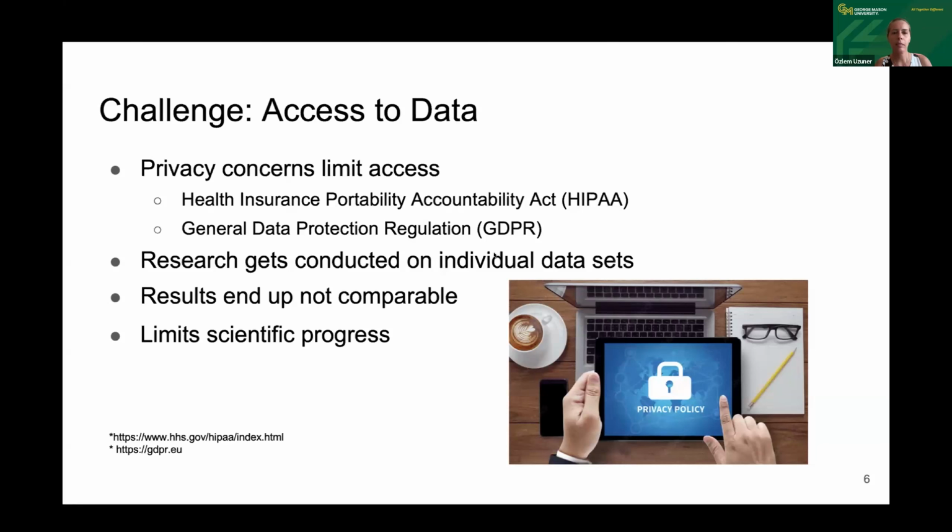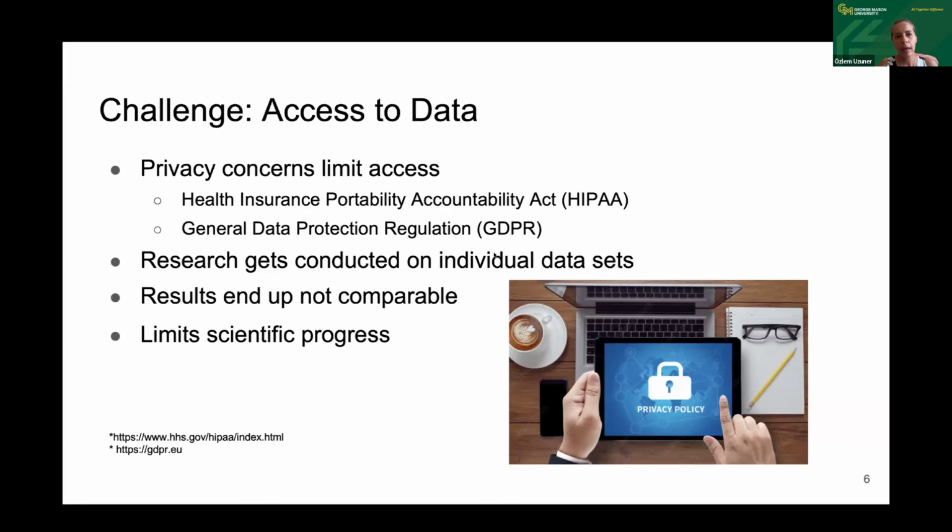But then the advancement of the NLP field and the methods that open up these notes fell behind. If person A does it on their own institution's data and person B does it on their own institution's data, it's not necessarily the case that they will be able to exchange notes and use the same method on the same data. They may not even be able to learn the same lessons from each other. So that really limited scientific progress.